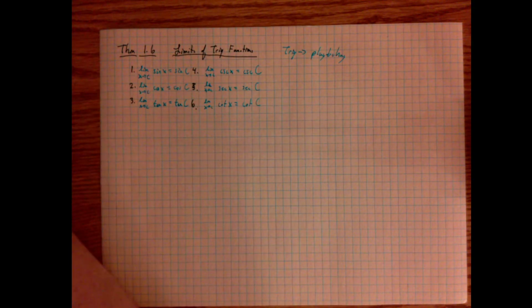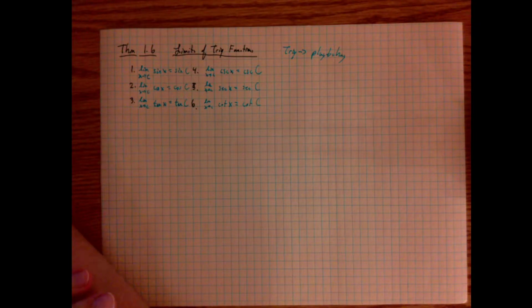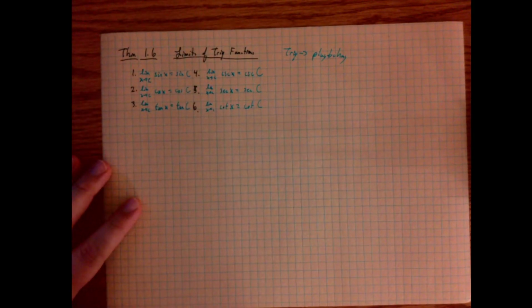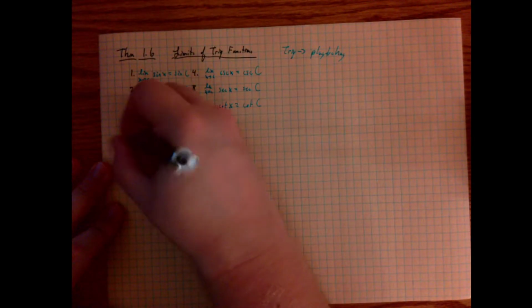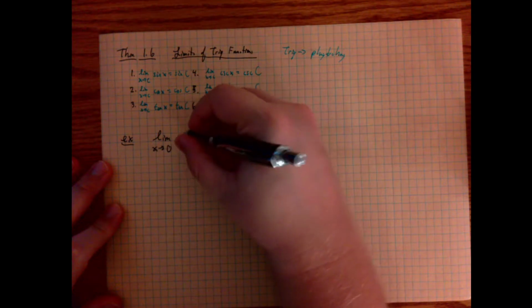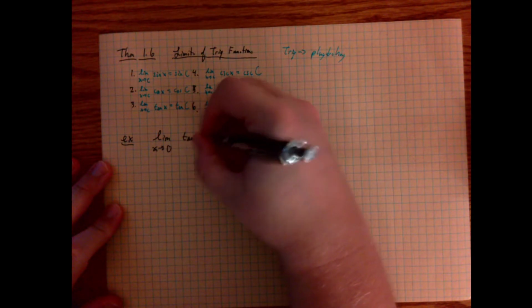Now again, this allows us to do more advanced mathematical processes because we can not only do the trig ones, but we can also do ones that have trig in them. For example, take a look at these 3. The limit as x approaches 0 of tangent of x.